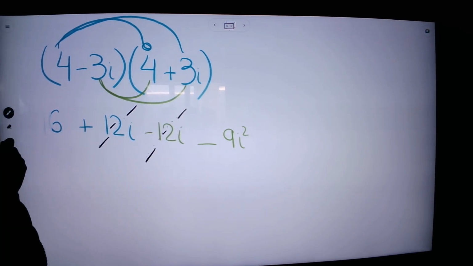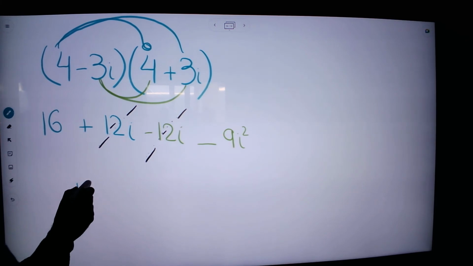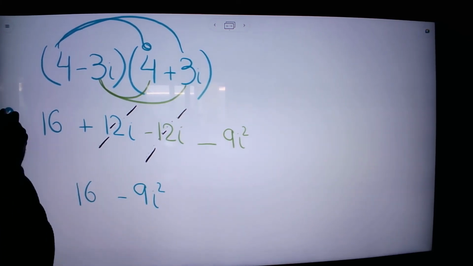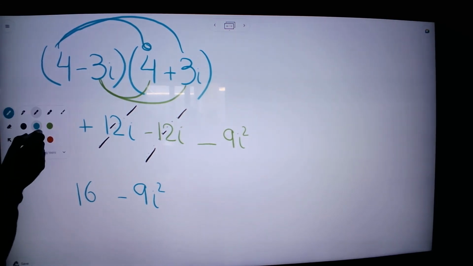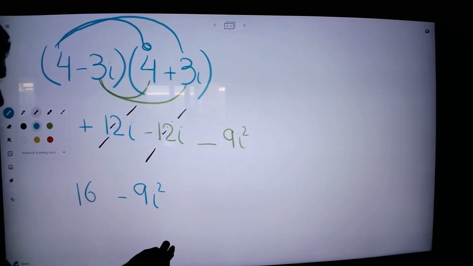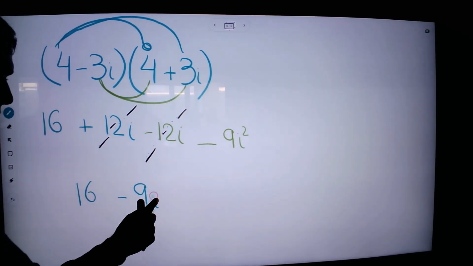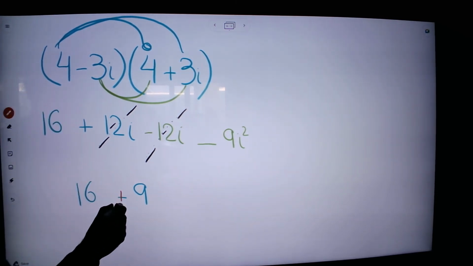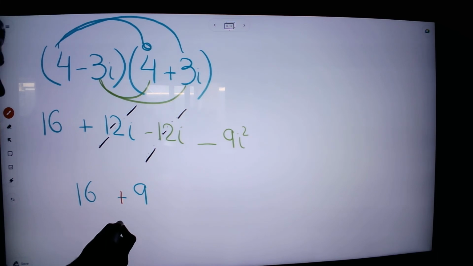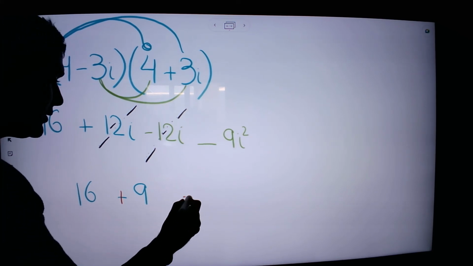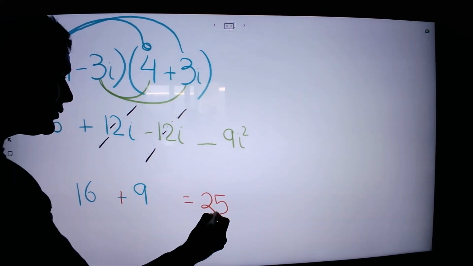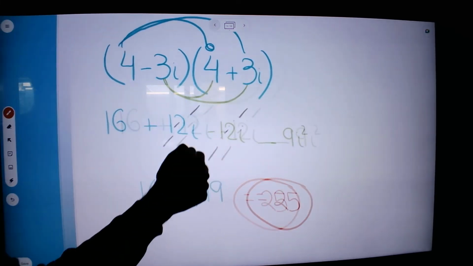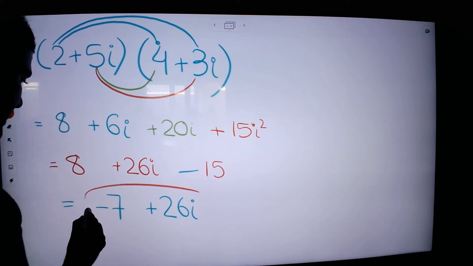So I got 16 minus 9i squared, and you know the drill. Minus 9i squared, I need to get rid of the i squared, and I need to make this thing positive, and 16 plus 9 is 25. So this is 25.